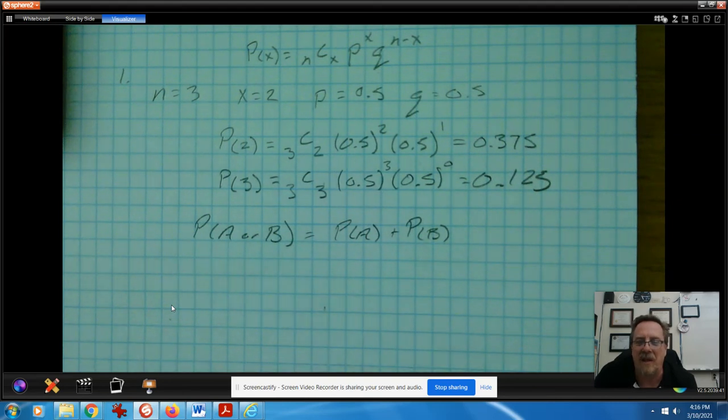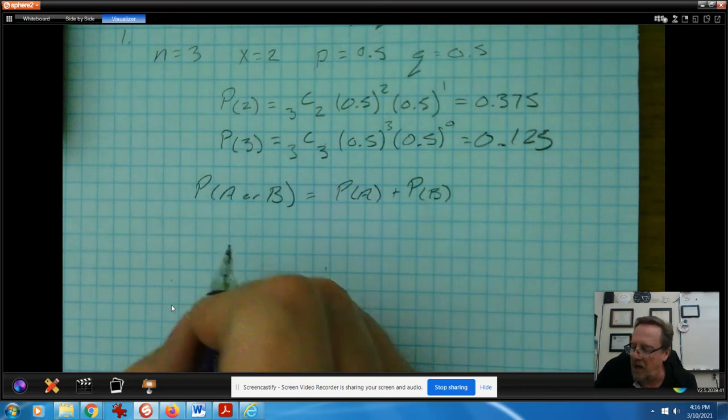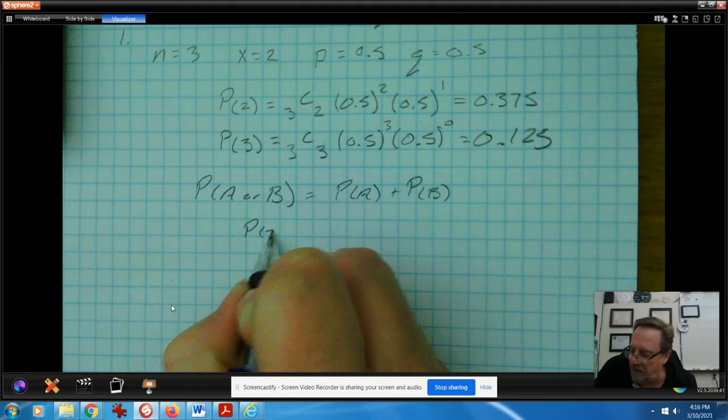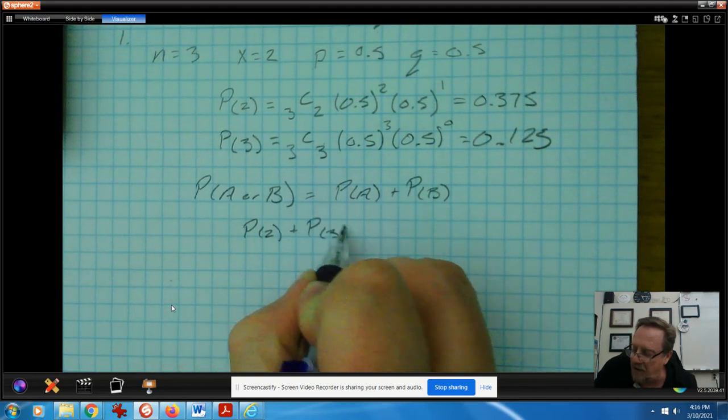We're not going to take on that situation. These are mutually exclusive events. So in this case, I'm going to take the probability of it being 2 plus the probability of it being 3.